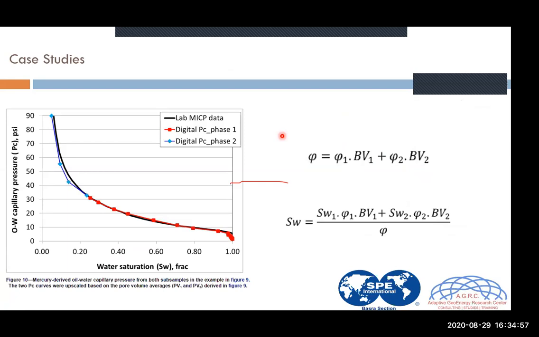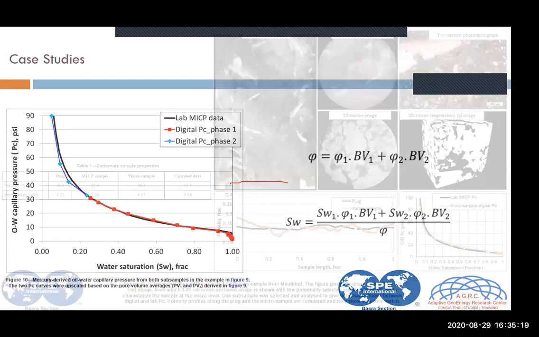Then there are some upscaling procedures using simple equations, just to take a look and see if the values match. It will be interesting because you can do PC curve simulations at several scales, but when you have to provide this for a larger scale, you have to generate some kind of correlation between them. It's just a quick review of this.